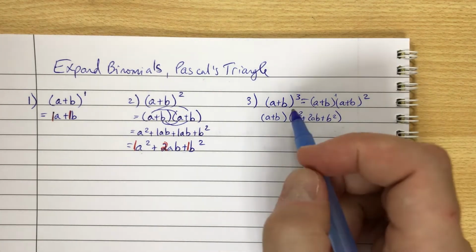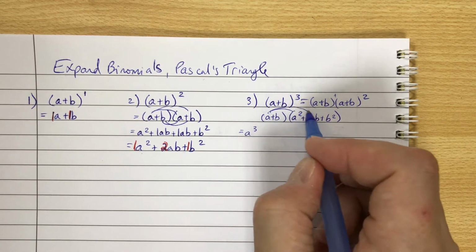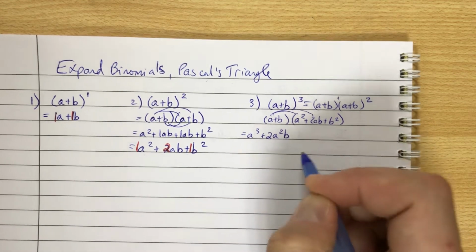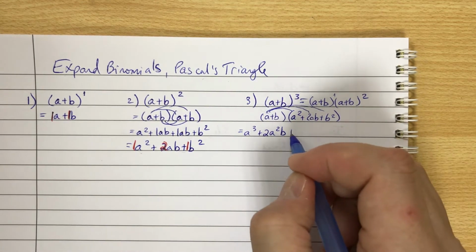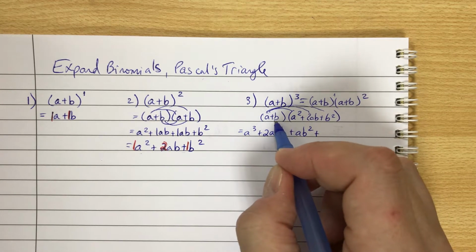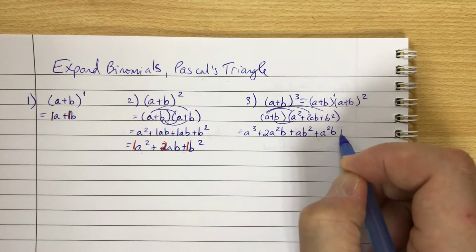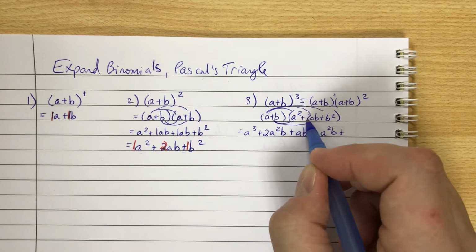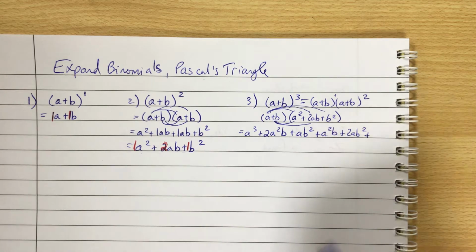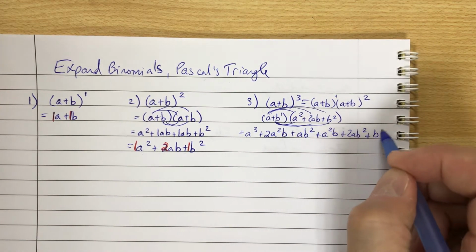So this time when I distribute, a times a squared is a to the third, plus 2a squared b, plus ab squared, and then I distribute the b, a squared b, plus 2ab squared, and then b times b squared, we add the exponents, that's b to the third.